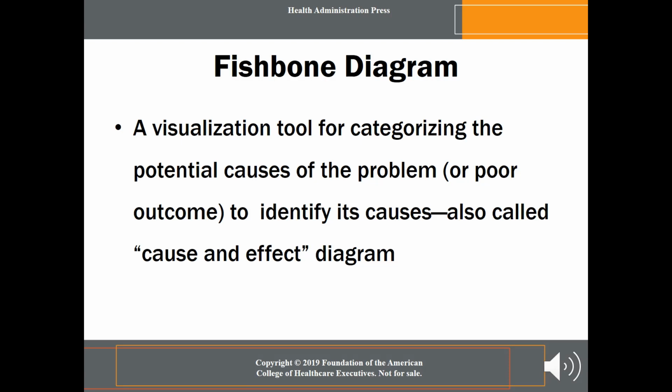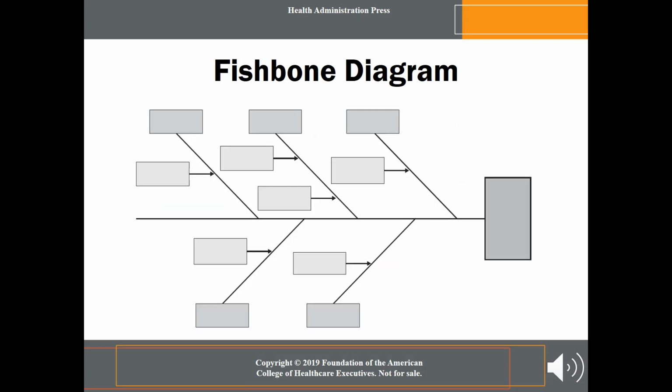It's also known as a cause and effect diagram, so you may hear it described as either a fishbone or a cause and effect. Here in this figure, you see an example of a fishbone diagram, and you can see the central spine, which identifies the problem and all the contributing factors towards that problem.